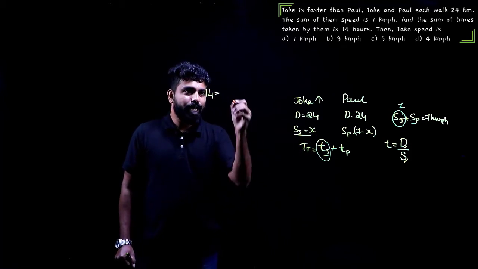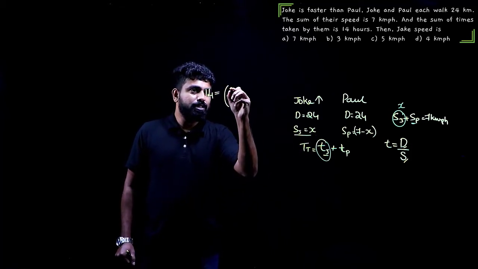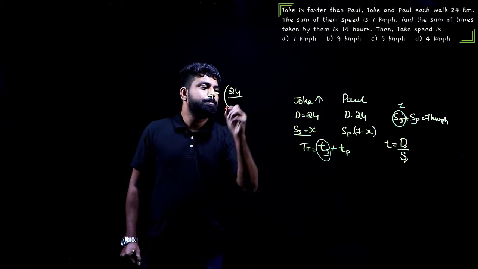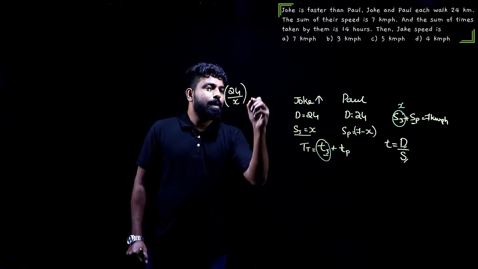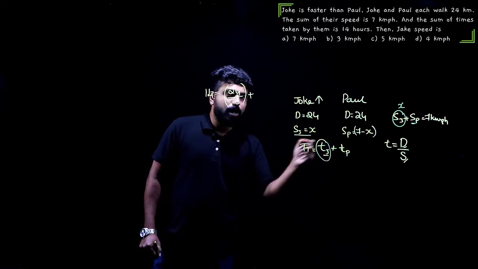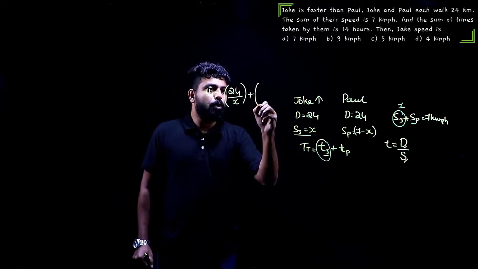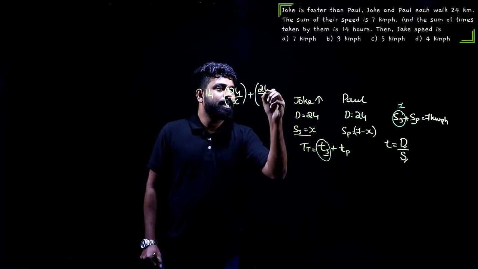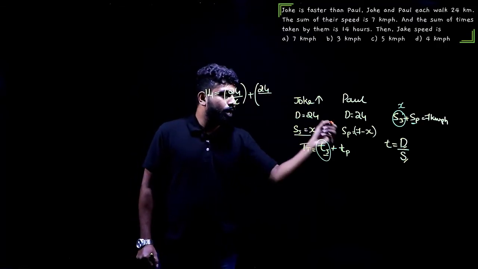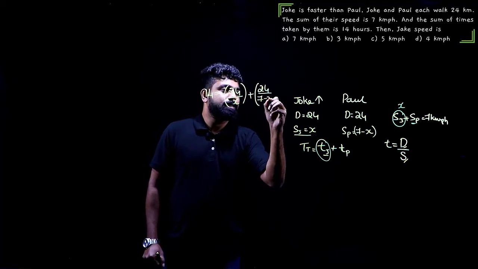Time taken by Joke is the distance travelled by him, which is 24 kilometers, upon the speed of Joke. Speed of Joke is x here. So plus time taken by Paul. Same way, time taken by Paul is nothing but distance covered by him, which is nothing but 24 kilometers again, and speed of Paul, which is 7 minus x.